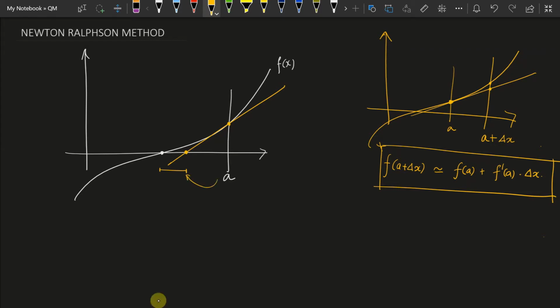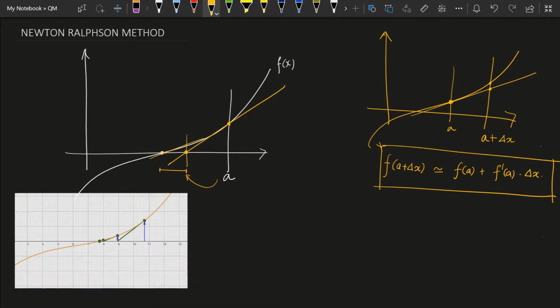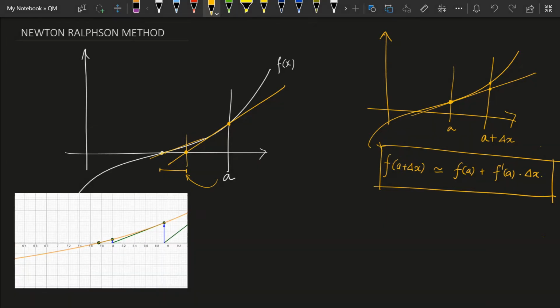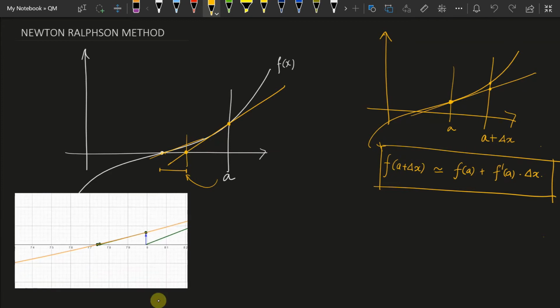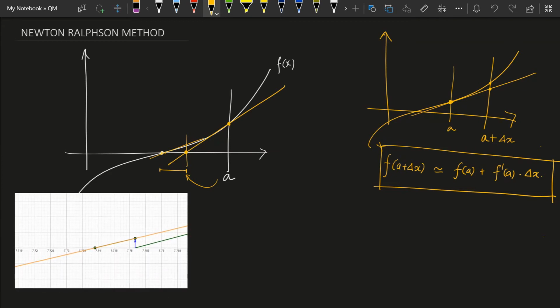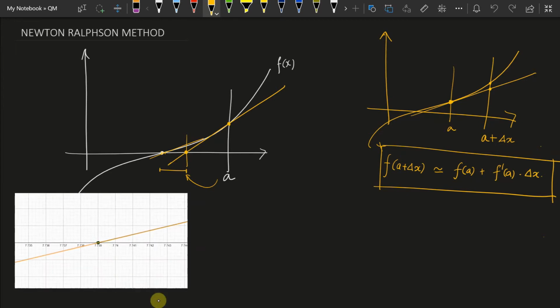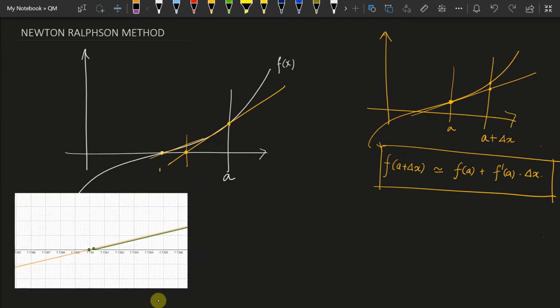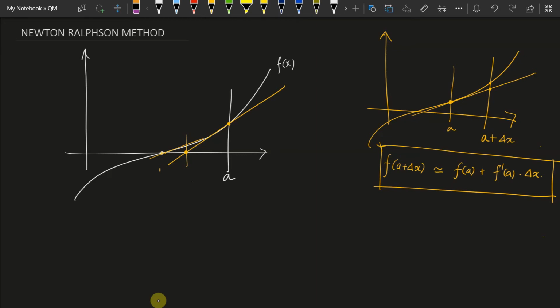Then we choose this point as our new A and draw a tangent from there. Find the point where the tangent from there intersects, and we continuously keep on doing that. You will get closer and closer to this root and get a very good approximate solution to the root. So that is our method.